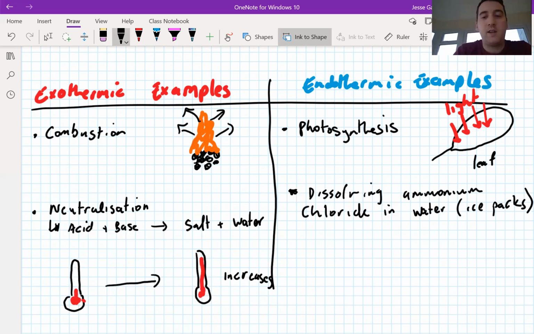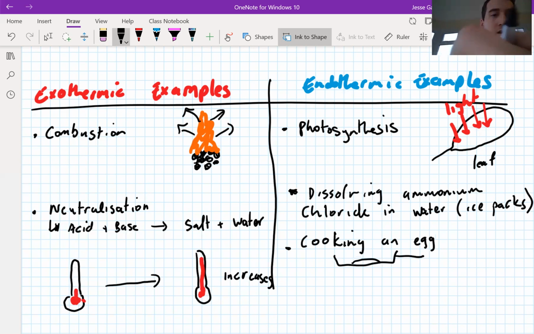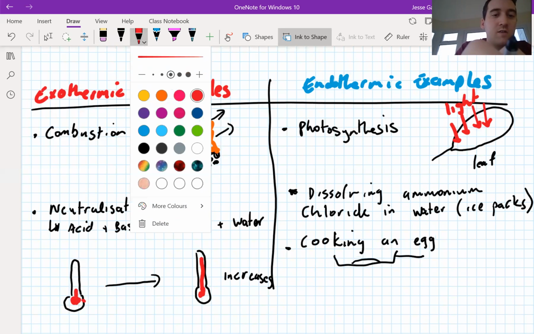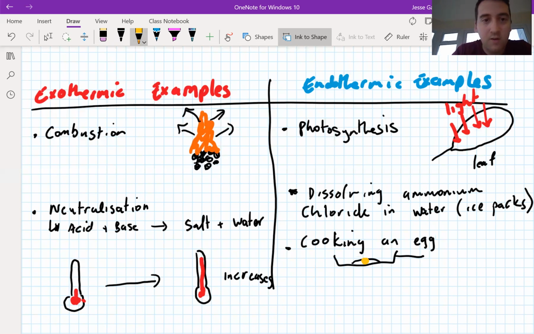Another example is cooking an egg. Where we have a frying pan and we have our egg, which I'm just going to color just for fun. So we have our egg, our yolk of our egg, and underneath we have our heat source.